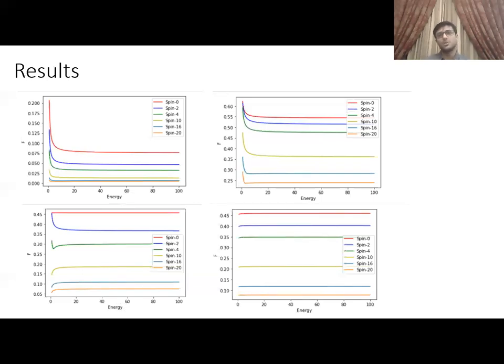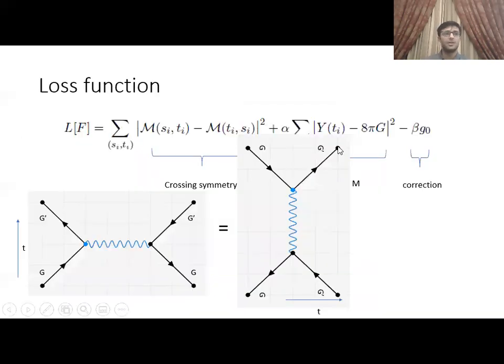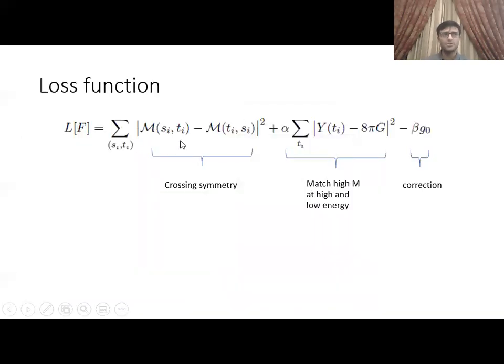But most of the contribution is from the crossing symmetry part. Our model learned these other terms quite well, but it's having trouble figuring out a function that is crossing symmetric.